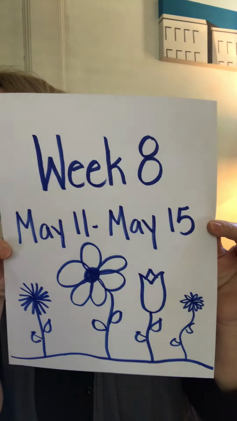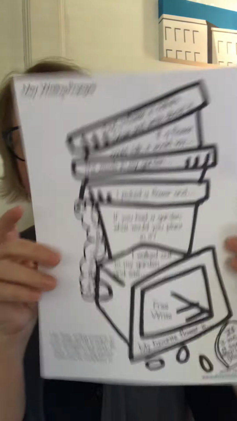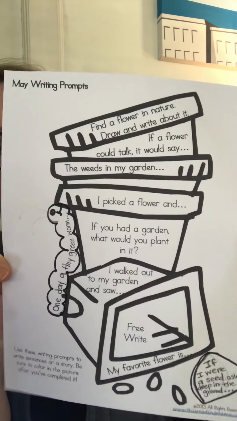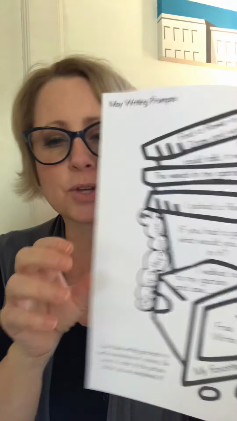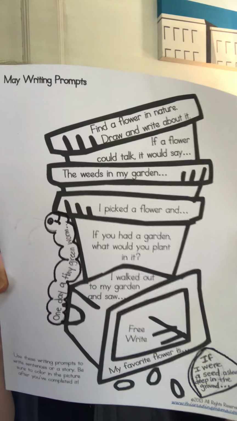All right, so starting today, week 8, May 11 through May 15, you will find your flower pot writing prompts. There were enough prompts for last week and this week, so you will be using the same sheet in your new packet.